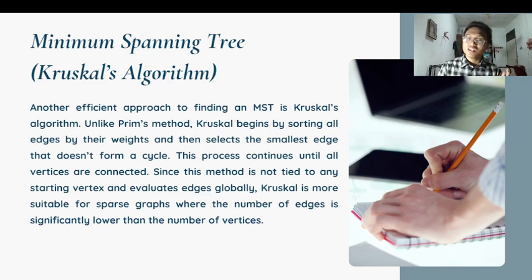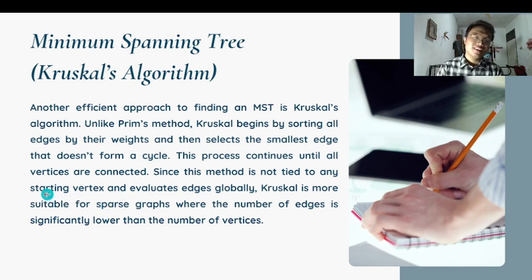This process continues until all vertices are connected. Since this method is not tied to any starting vertex and evaluates edges globally, Kruskal is more suitable for sparse graphs where the number of edges is significantly lower than the number of vertices. That is the explanation for Kruskal's algorithm.